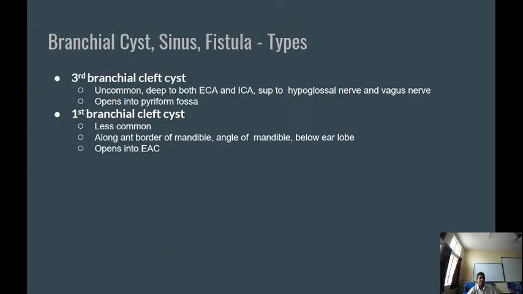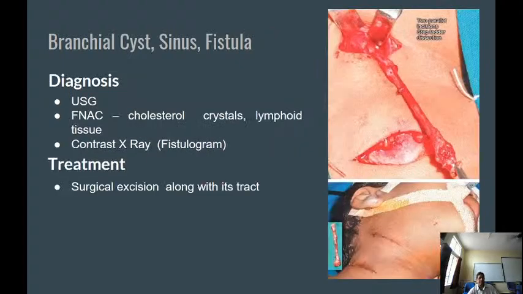Third and first branchial cleft cysts are not very common. The diagnosis is by radiological ultrasound, and FNAC shows cholesterol crystals, and contrast X-ray, which is called the fistulogram: you inject the dye into the fistula and then see the entire tract. The treatment is by surgical excision.